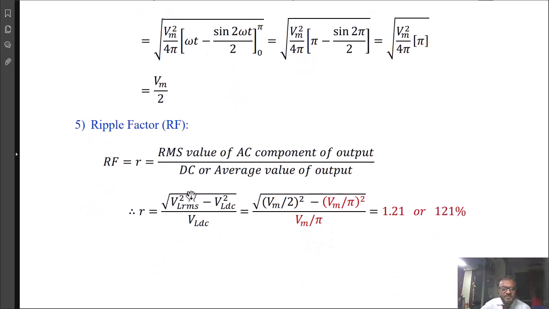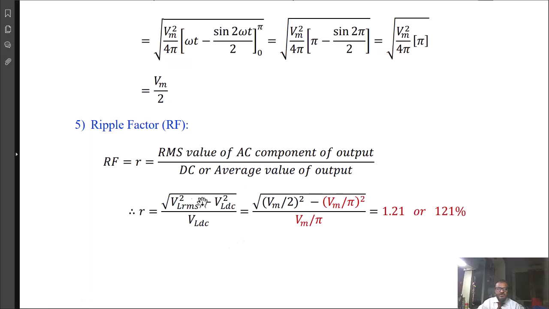Now the next parameter we will see is the ripple factor. The ripple factor is denoted by a small character r, and it is defined as the RMS value of the AC component at the output of the rectifier divided by the DC or average value of the output.